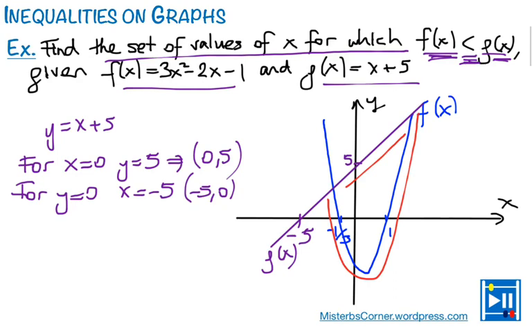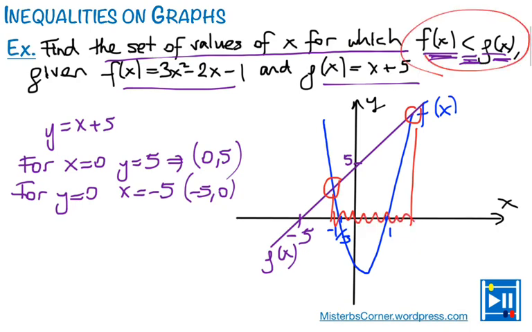So basically, I am looking for the x coordinates of these two points, because in between these two, this inequality is satisfied. The function f is below function g. So that's what I'm going to be solving to find those x coordinates.